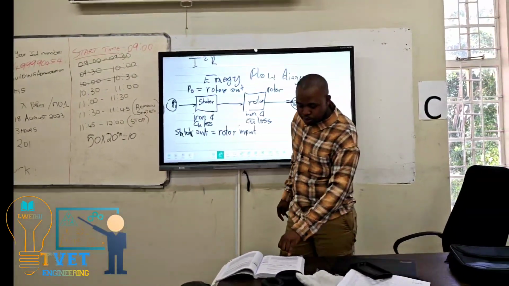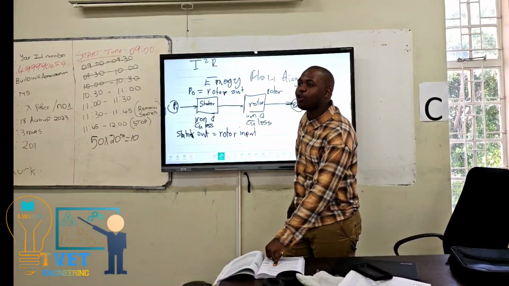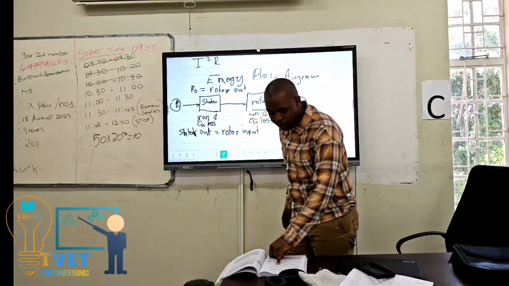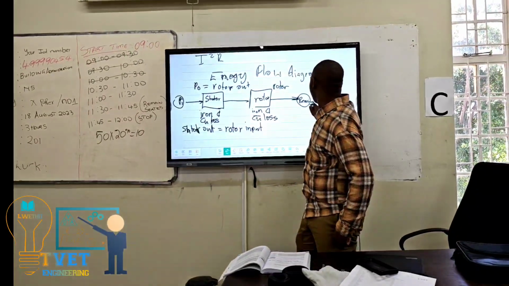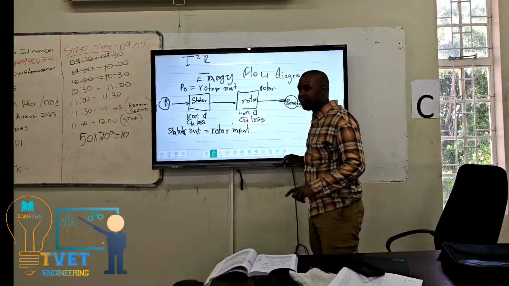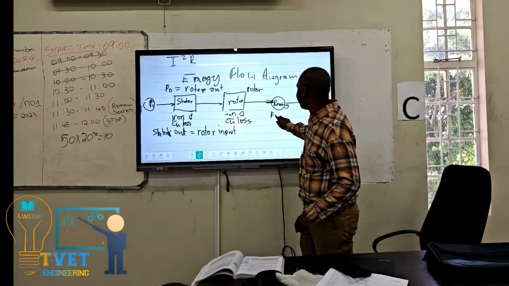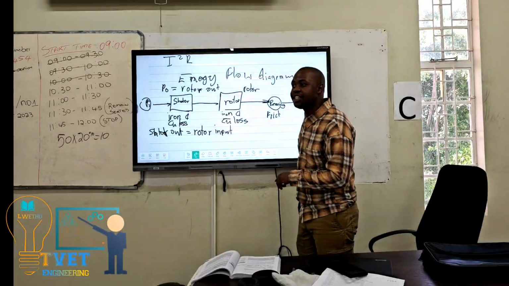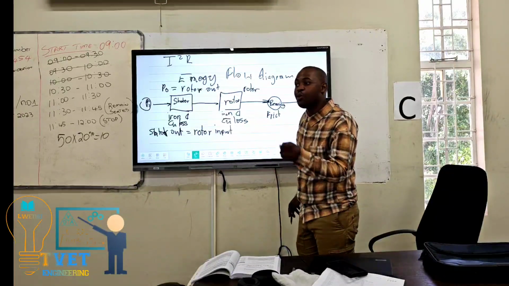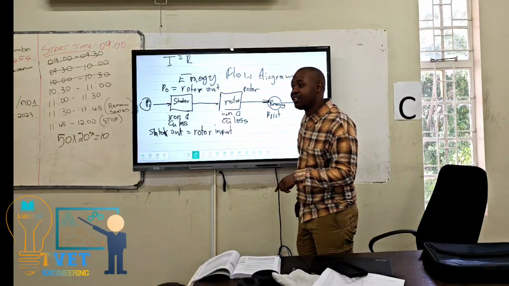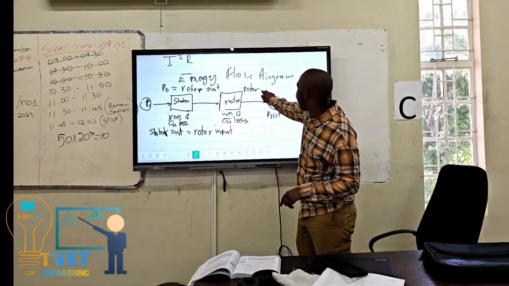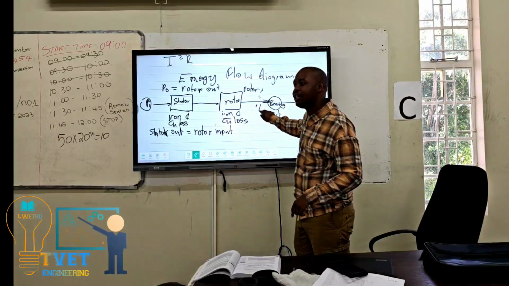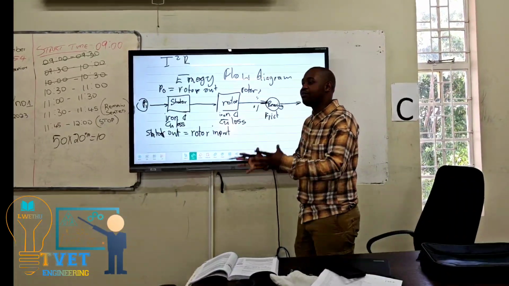The rotor output is the gross output, or the power developed, after we have deducted the friction and windage loss. This is the power developed.